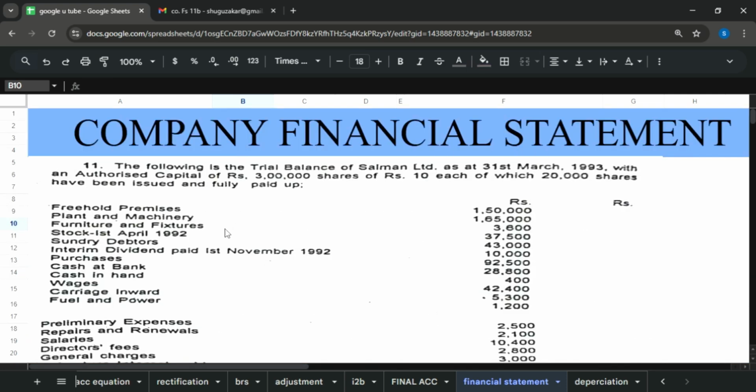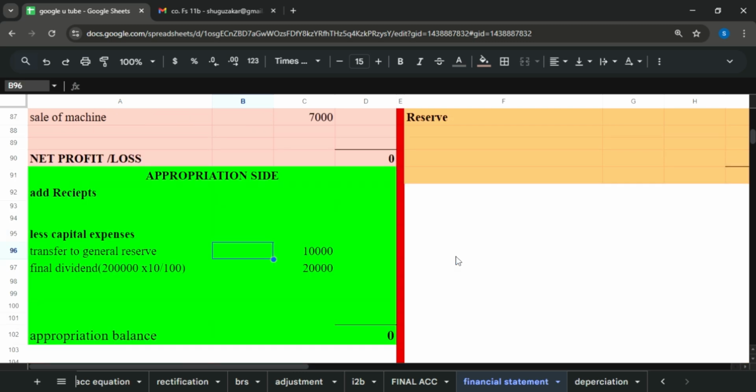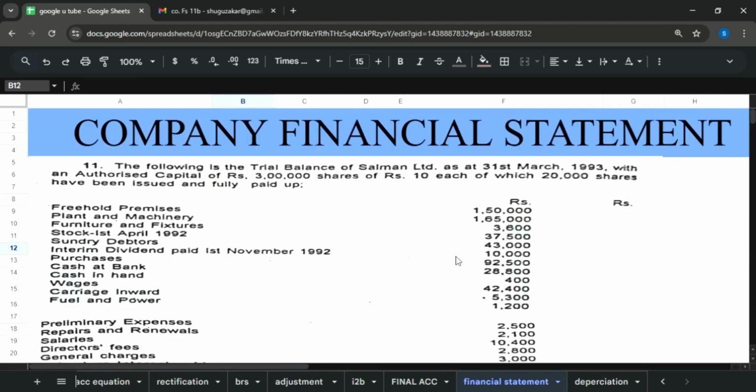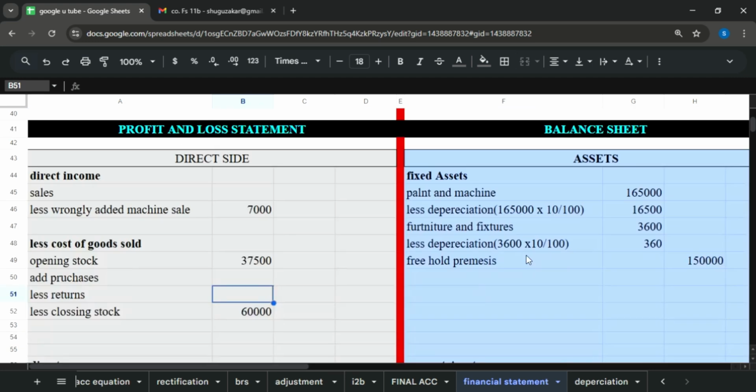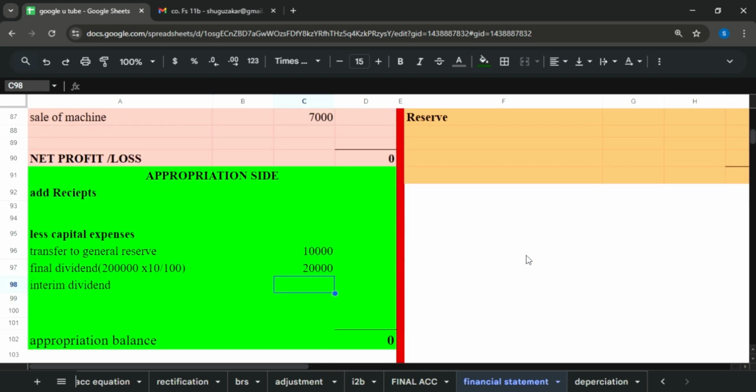After debtors we have interim dividend, that is 10,000. No matter what kind of dividend, that would be part of the appropriation side. So we will be writing interim dividend. The amount of this interim dividend is 10,000. Write it down on the appropriation side.